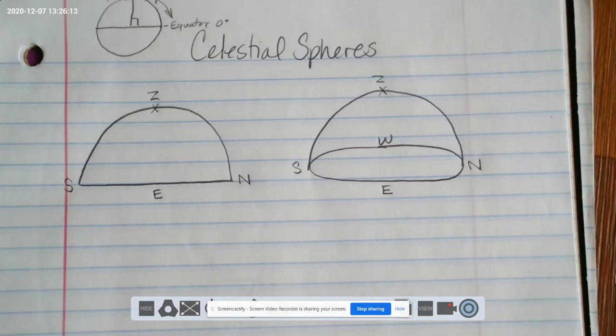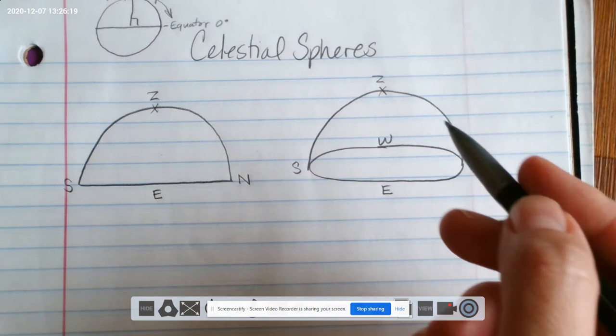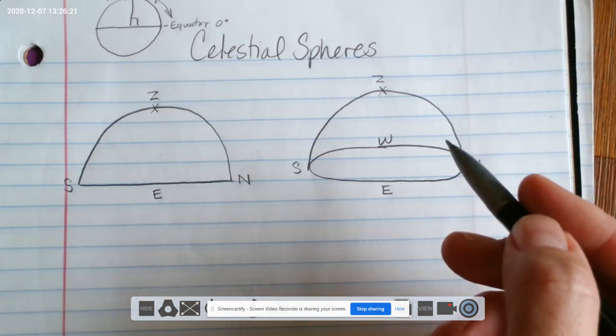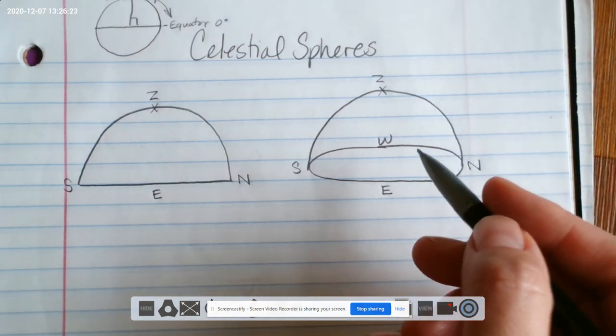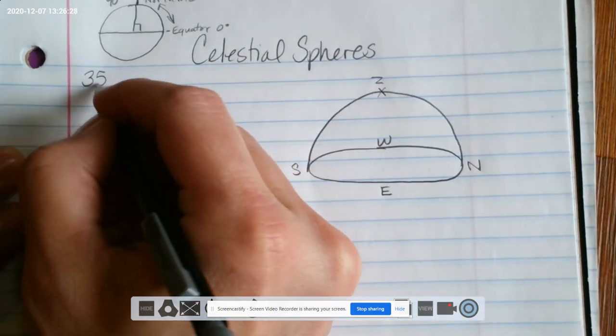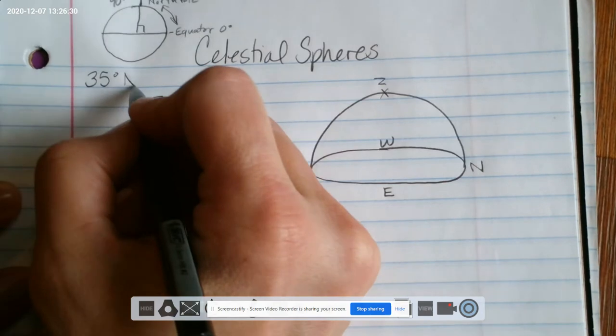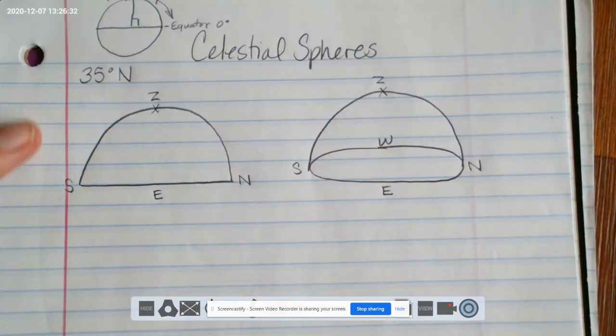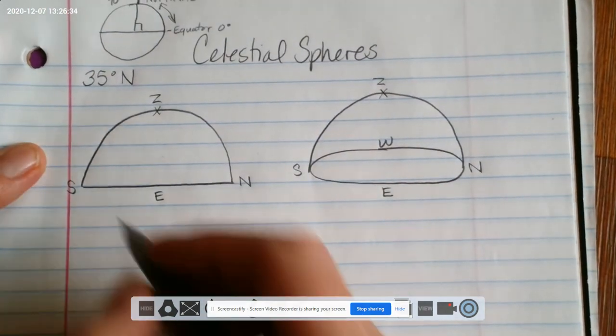It's also where you would see the North Star. The NCP is what we abbreviate as the North Celestial Pole. In this case, let's say that we're going to be doing 35 degrees latitude north. We're always going to try to do the northern hemisphere, but I am going to show you what it would look like in the southern hemisphere, at least on the two-dimensional one.